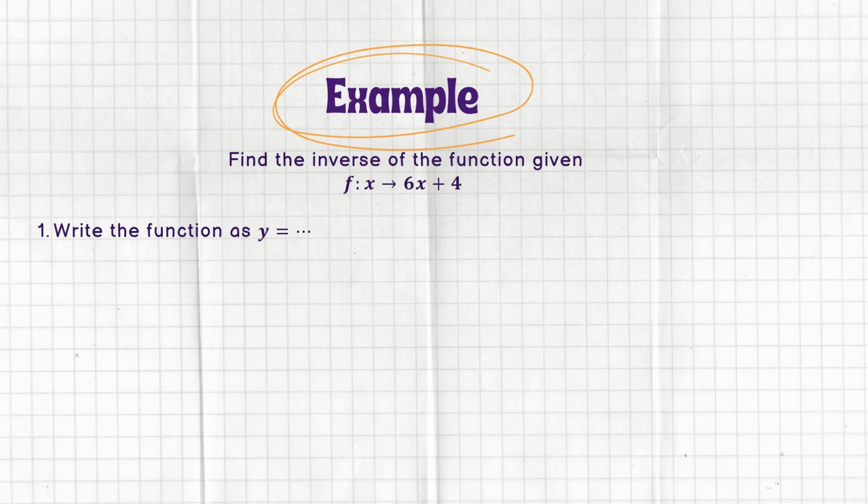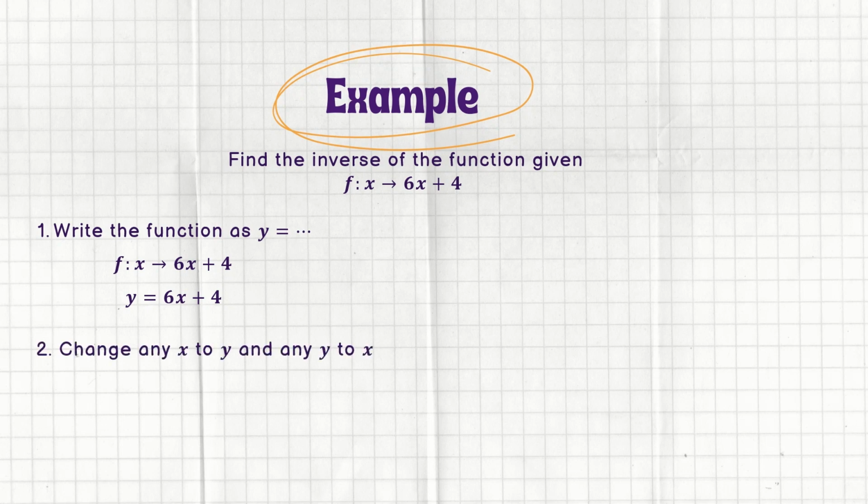Okay, so the first step we need to do is write the function as y equals what. We've got f of x equals 6x plus 4. So we need to write the function as y equals 6x plus 4.